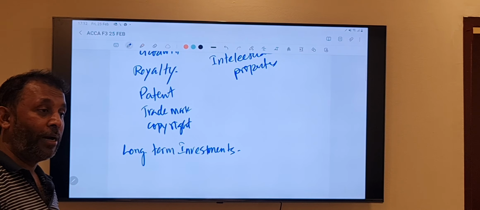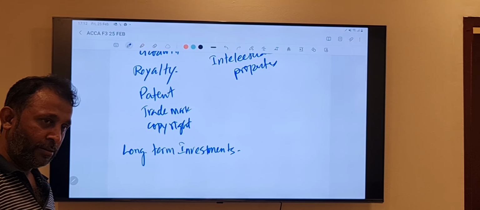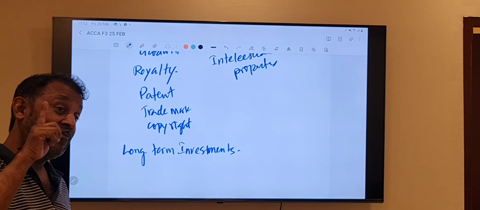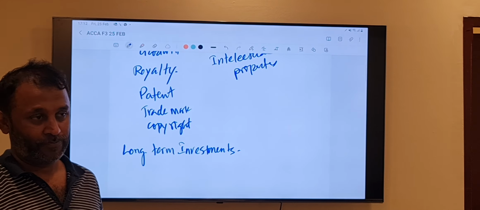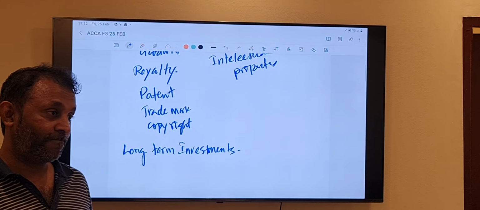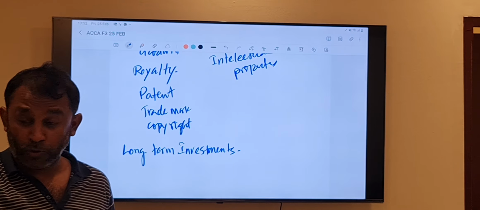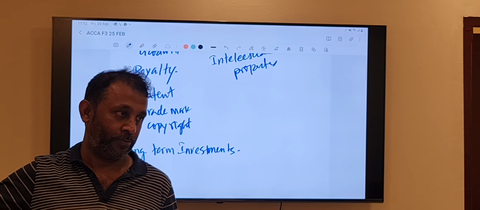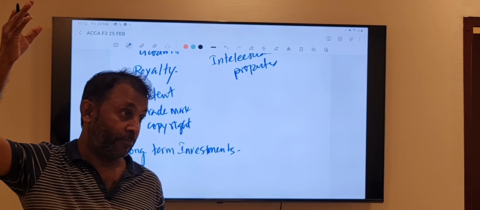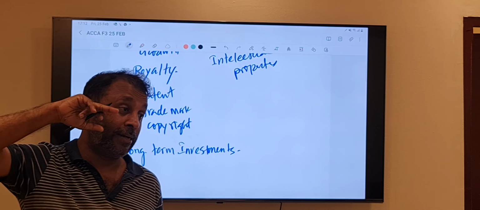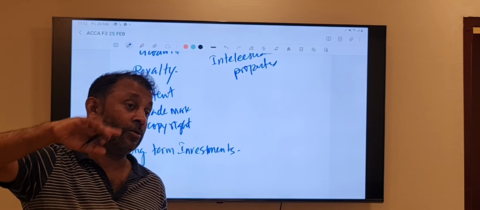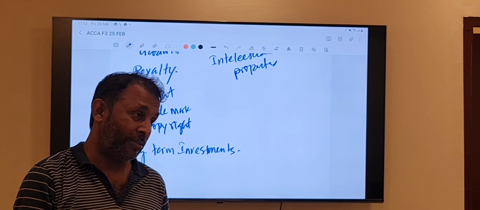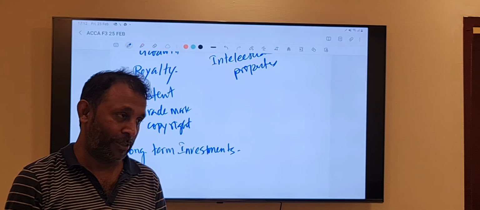Let's say you have 2 million riyals in your hand and you have nothing to do. You go to a bank and deposit it as a fixed deposit. Or you buy shares from a company and you don't buy and sell, you keep them with you. Or you buy a land. What is the purpose of buying this land? After 5 years or 10 years, you want to sell. If you do this type of investment, these are known as long-term investments.